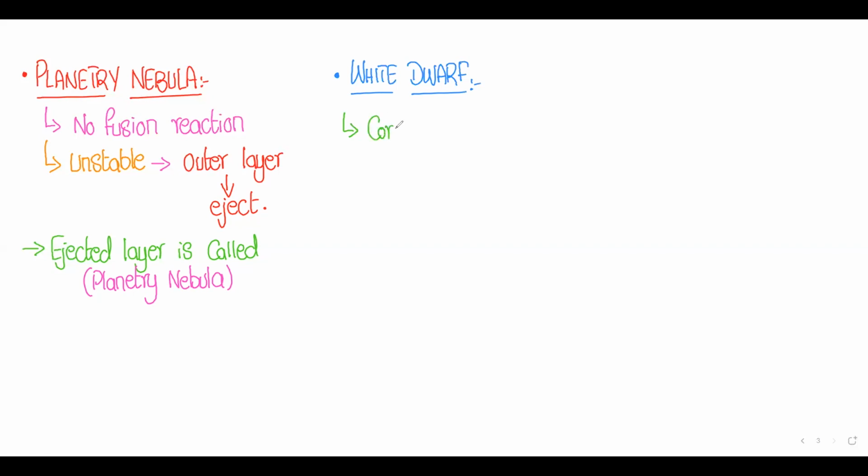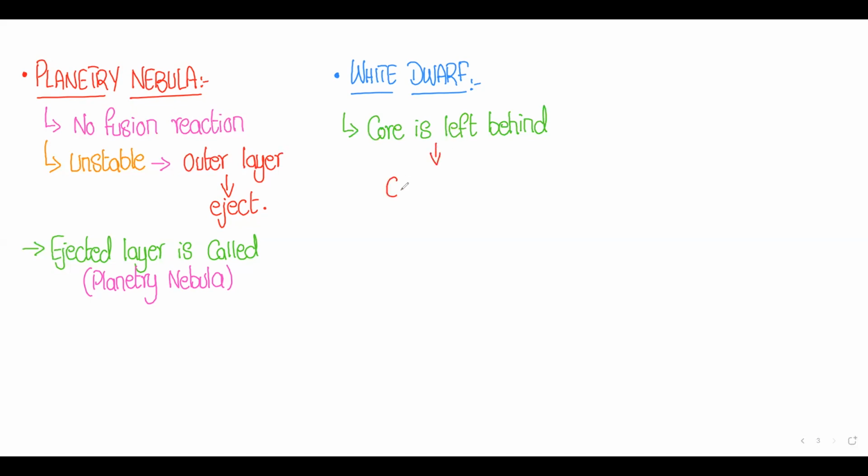These whole processes are interconnected with each other, so we will continue from this ejected layer. After this planetary nebula, we only have the white dwarf because only the core is left behind, right? And this core will completely collapse due to the force of gravity.